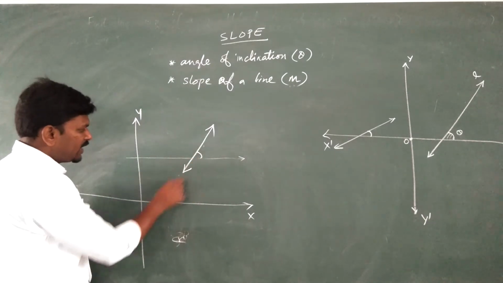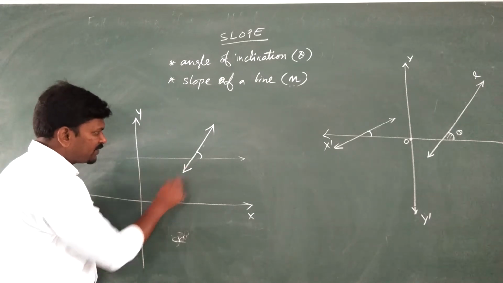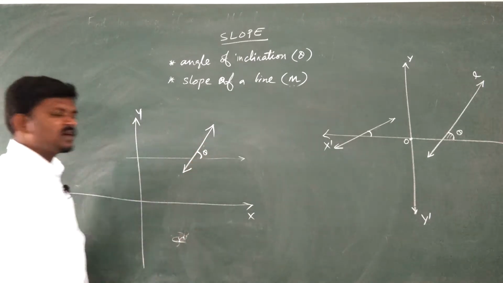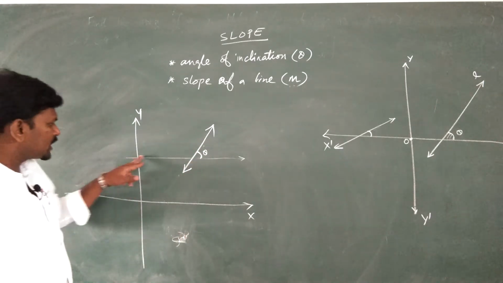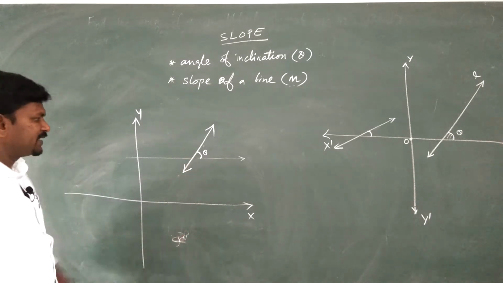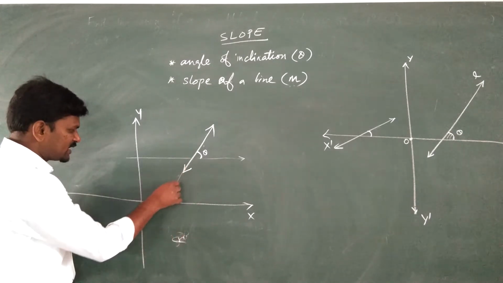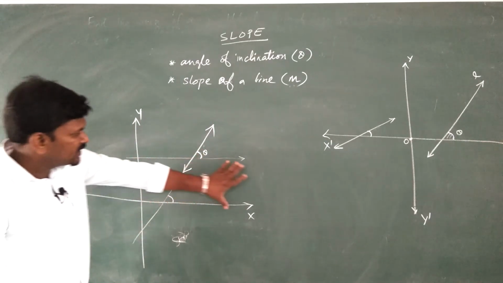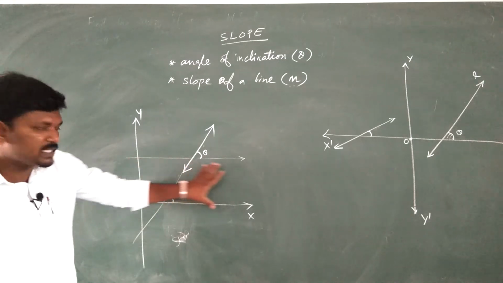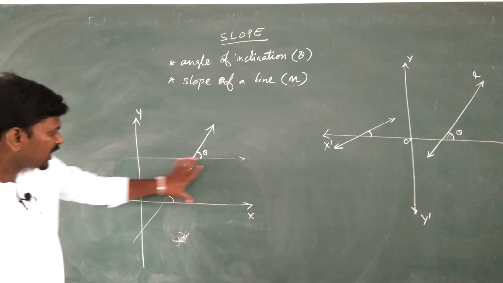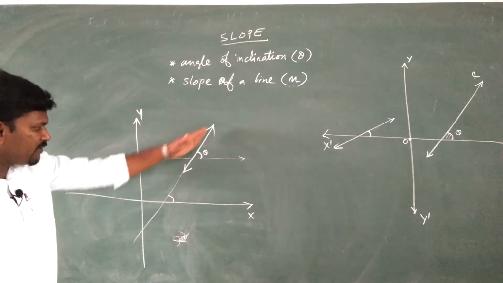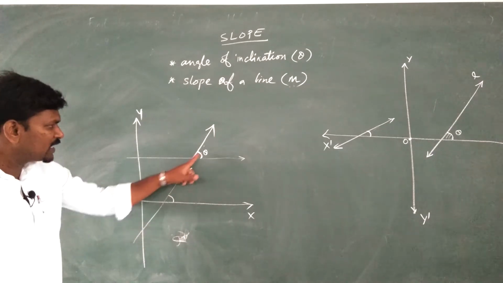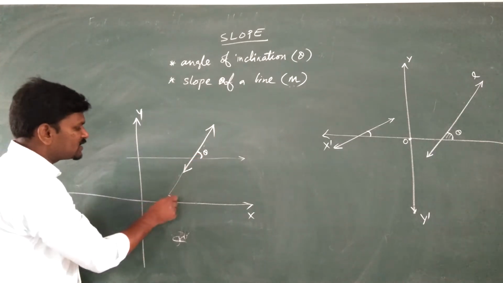This angle and the angle of inclination will be the same. If we extend this line, using the transversal concept, these two lines are parallel and this is the transversal. So these two angles are corresponding angles, and corresponding angles are equal.